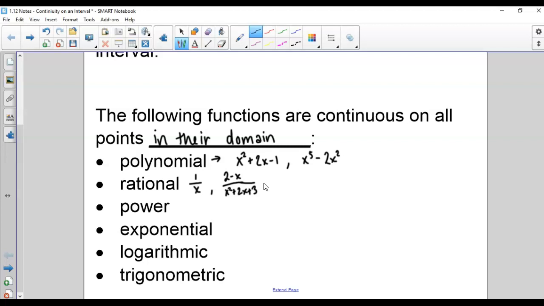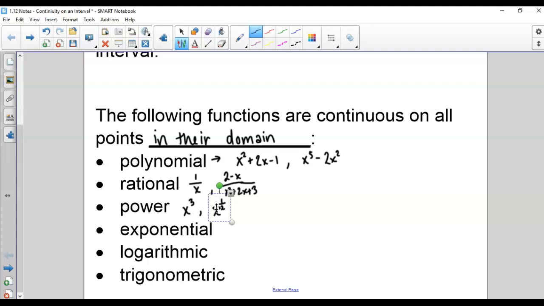Power functions, I find these slightly confusing because power functions are kind of like polynomials. Something like x to the 3rd is a power function. But the types that are different are like x to the 1/2 power. What is that really? What's another way we could write that? It's the square root of x.